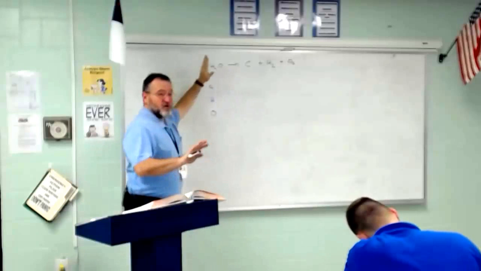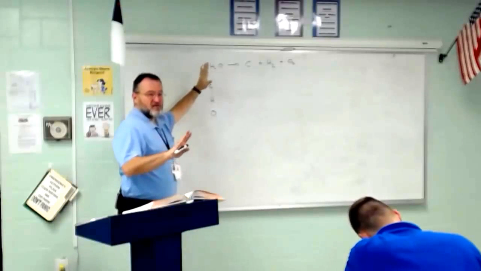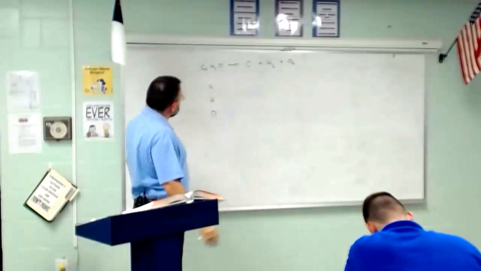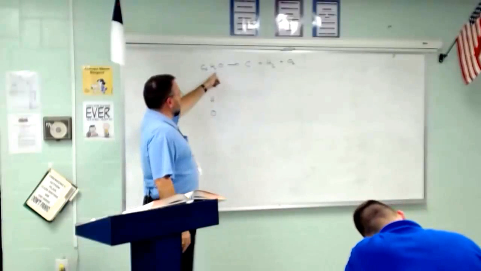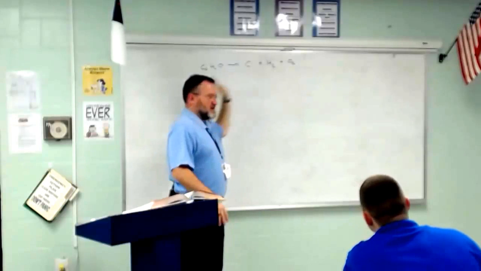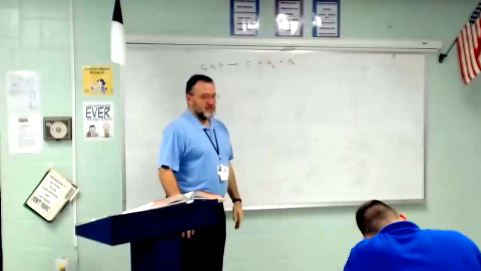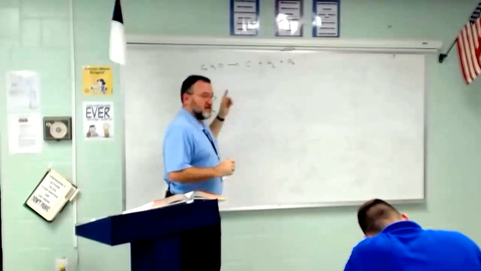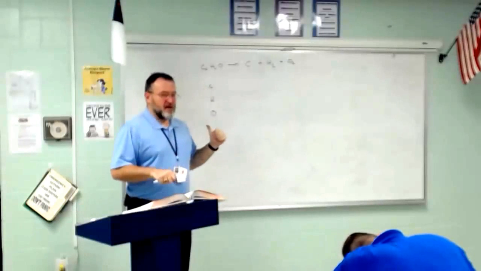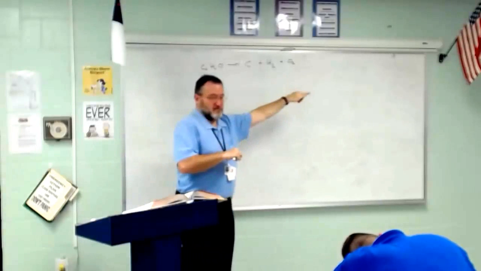Remember, a balanced equation, some of you wrote down things like the number of reactants equals the number of products. I've got 1 reactant, I've got 3 different products. So according to your definition, this could never be balanced. It's not the number of reactants and the number of products. It's the number of each atom in the reactants is balanced with the number of each atom in the products, right?